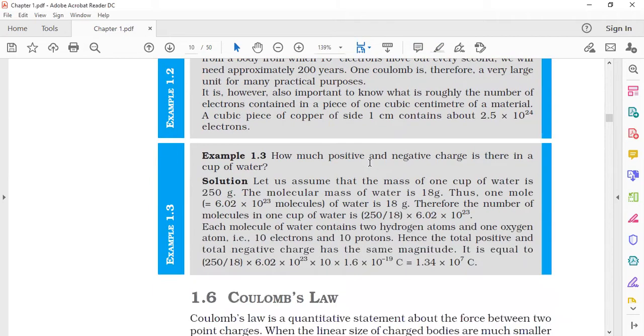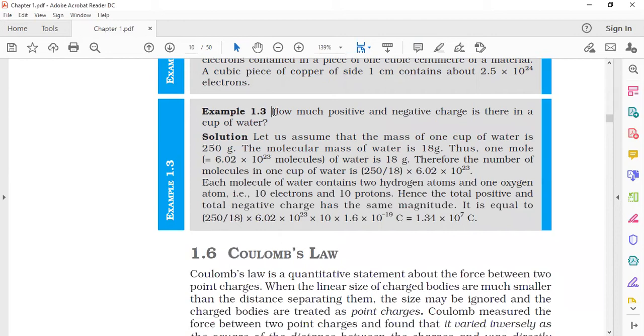Next, how much positive and how much negative charge is there in a cup of water? So this will be a very interesting numerical. Let me repeat. How much positive and negative charge is there in a cup of water? Yes, we'll do it on a board.